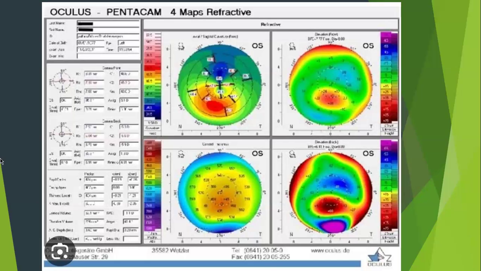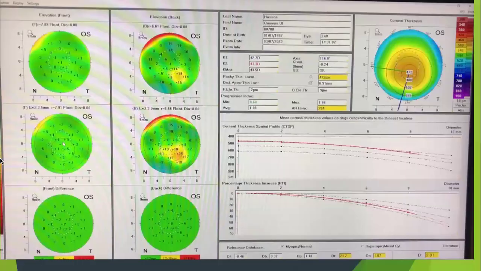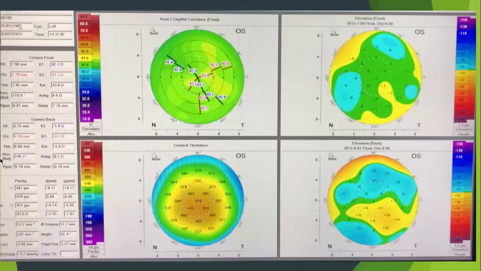So, ma'am, what do you say to see the K1 and K2? If the K1 is more than 47.2, we have to be careful. In astigmatism, if it is more than 2.5.